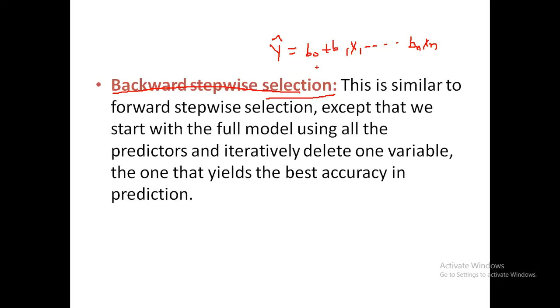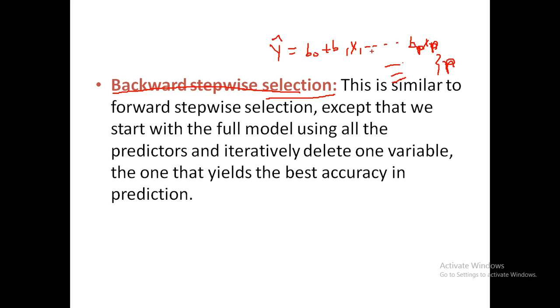So in the next iteration, what we shall do, we shall create n number of models. In every model, one of the features will be absent. Let us say here x1 to xp, we shall create p number of models.